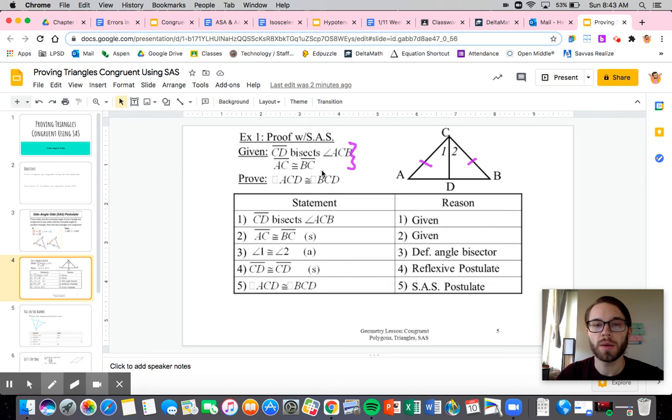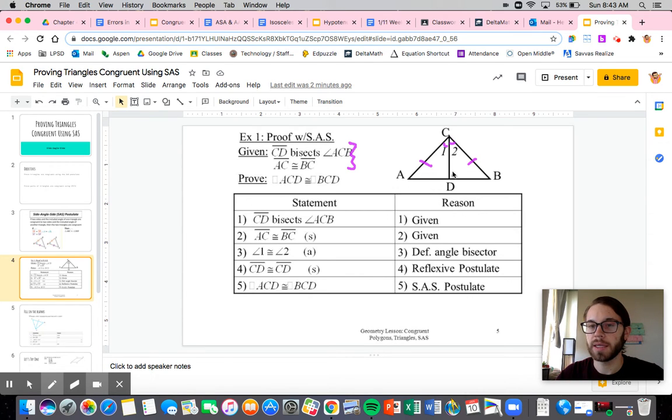And then what do we know about something being an angle bisector? Well, it's kind of in the name, right? It's being cut in half, split into two. So an angle bisector cuts an angle into two congruent parts. So we know that these two angles up here are congruent. Finally, what do we have?